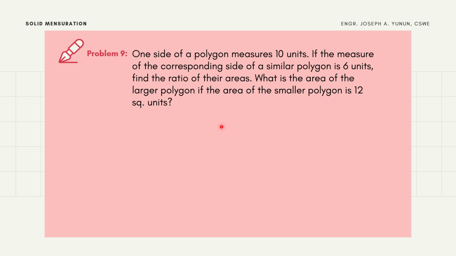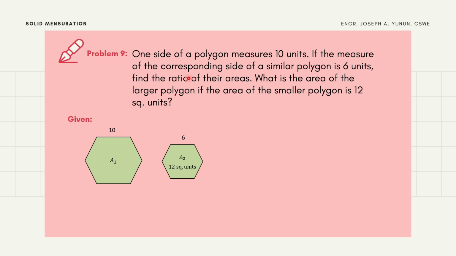So the givens are 10 and 6, and area 2, which is given for the second question. So what is the area of the larger polygon?